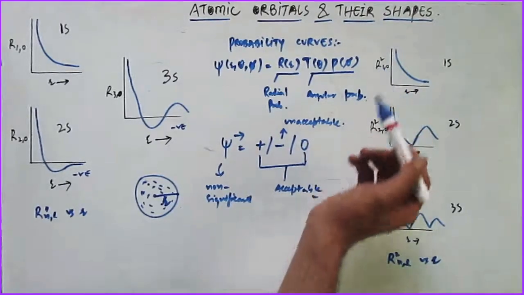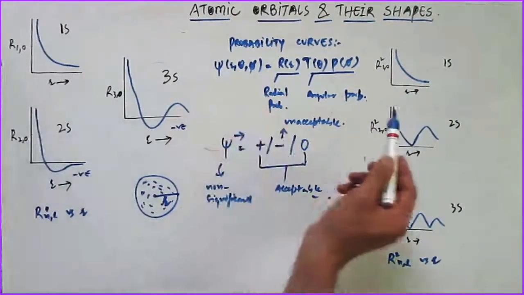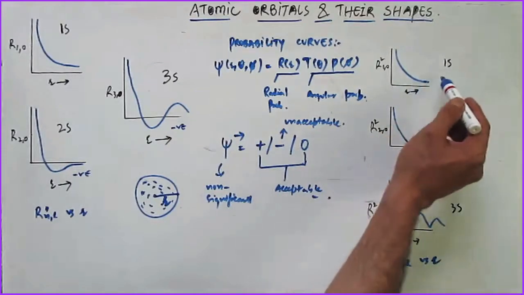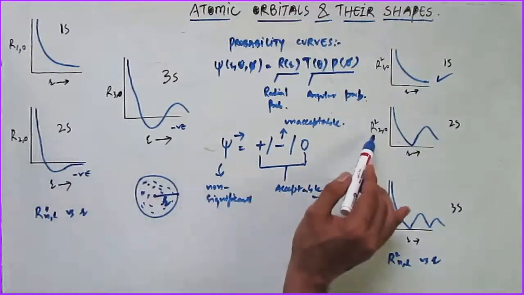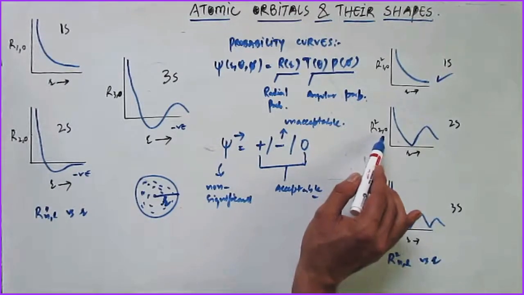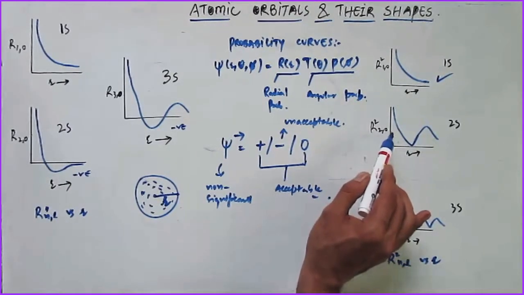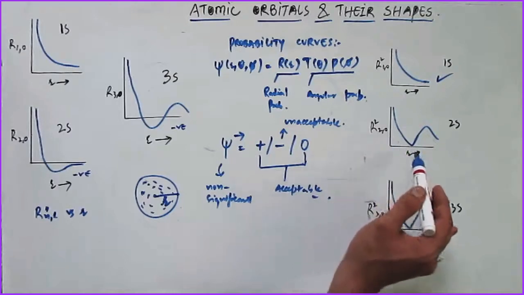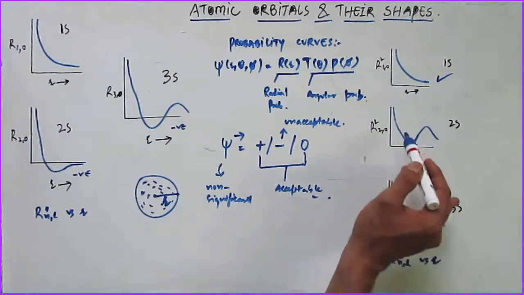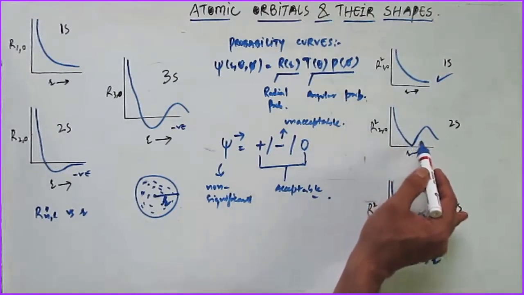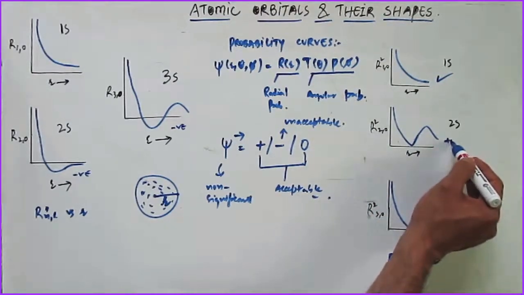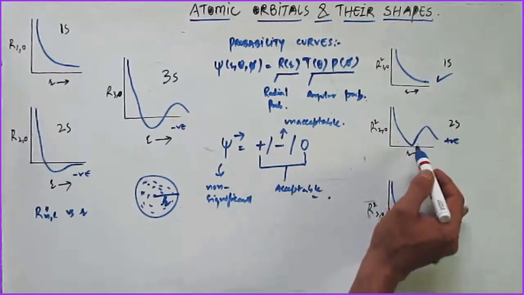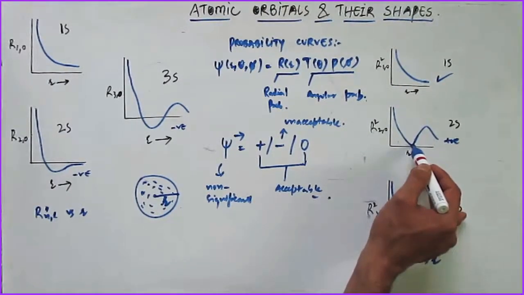So I'm squaring this radial probability for the same 1s orbital, and the curve that I'm getting is this one. Then for the 2s atomic orbital, when I do R square for the second shell with azimuthal quantum number 0, I get this kind of curve. This curve shows that the probability of finding an electron in the 2s orbital is always positive, and it goes to 0 somewhere here.